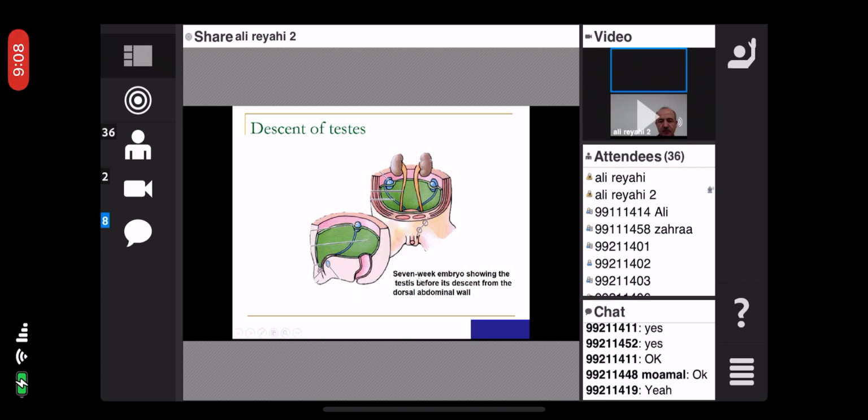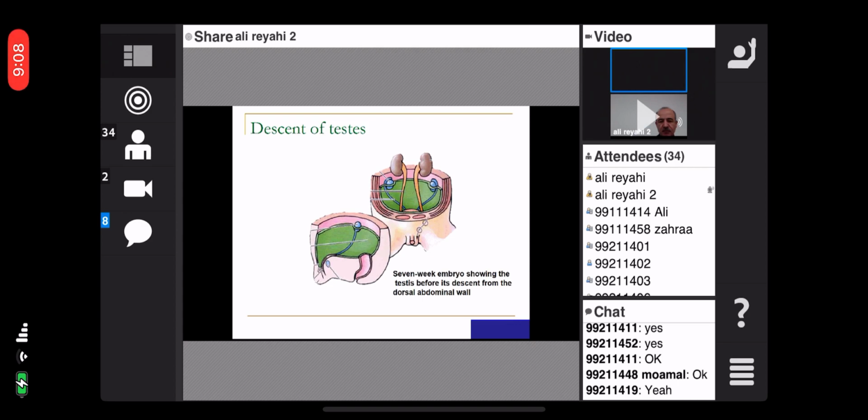Okay, a 7-week embryo showing the testis before it descends from the dorsal abdominal wall. It's formed at first in the dorsal abdominal wall. The ovary in women also descends inferiorly, but finally it lies in the lateral wall of the pelvis.